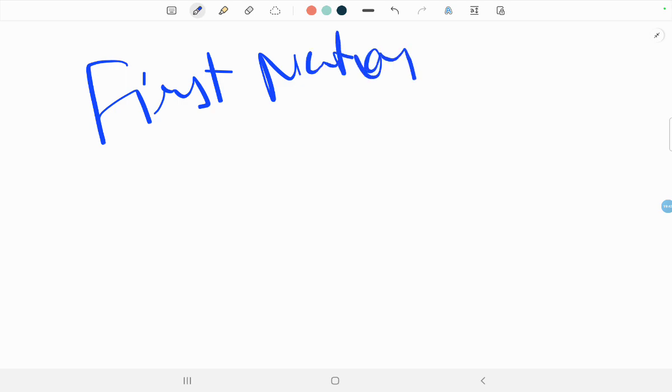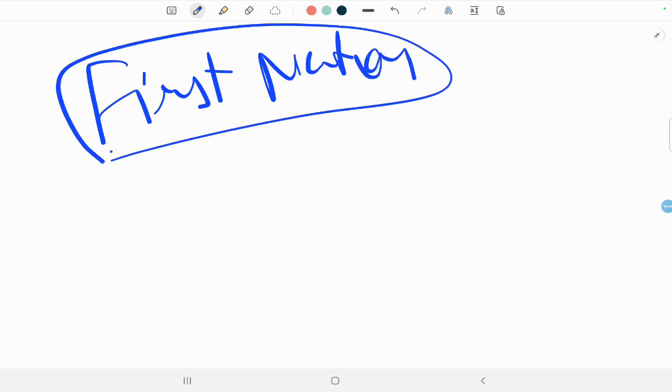But generally the word First Nation was used for indigenous people, for Aboriginal people. So we have to know about the history of the word First Nation, the concept in Canadian jurisprudence and the legal history of First Nation.